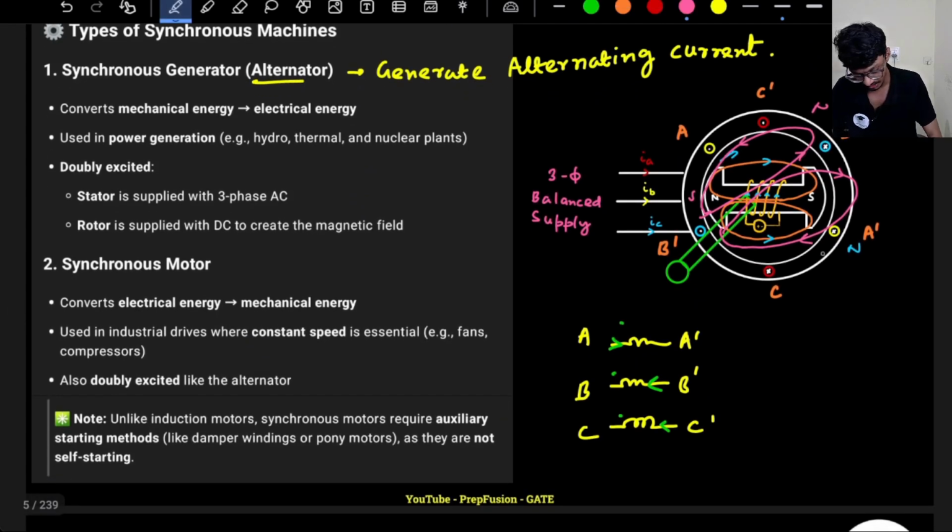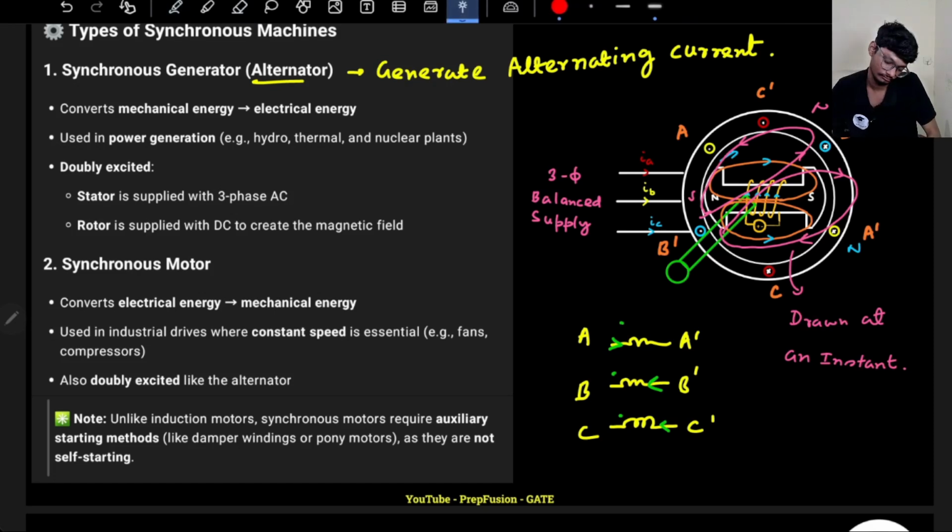So these magnetic field lines are drawn at an instant.